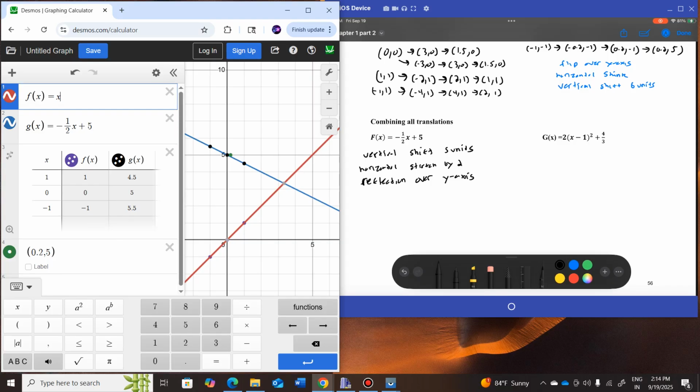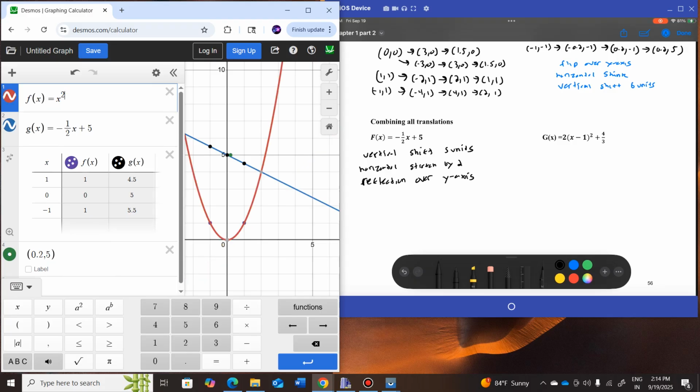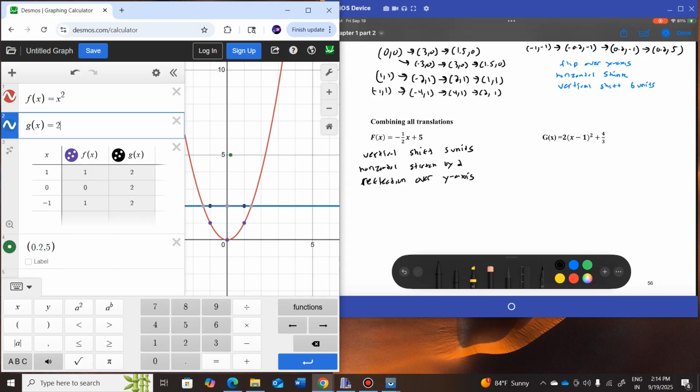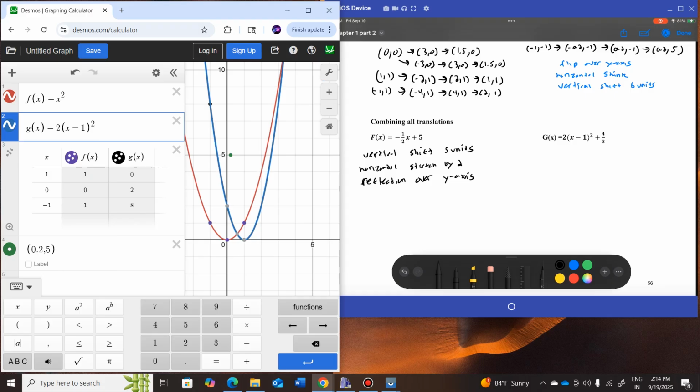We'll take this from an x squared to x minus 1 squared plus 4/3.